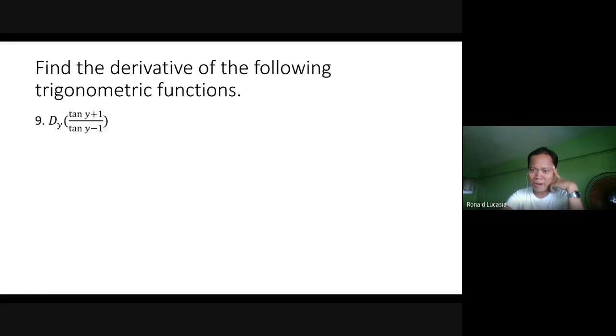Sana may mag-submit pa. Dalawa pala rin sasubmit eh. Pinalitan pala ni Miko. Negative 2 secant squared y tangent y minus 1. Mark Louise, negative 2 secant squared y tangent y minus 1.